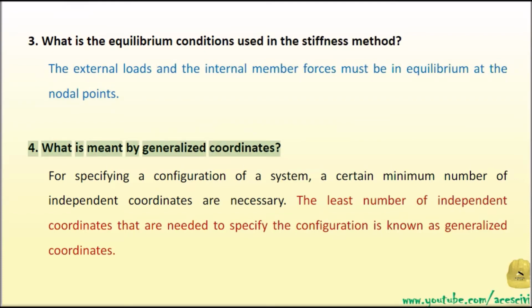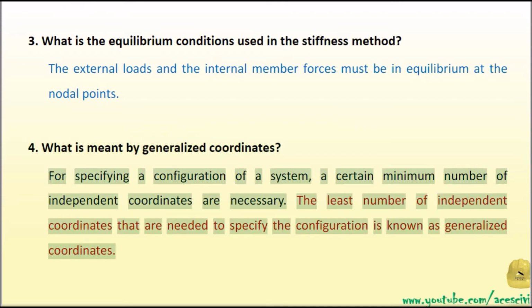4. What is meant by generalized coordinates? For specifying a configuration of a system, a certain minimum number of independent coordinates are necessary.